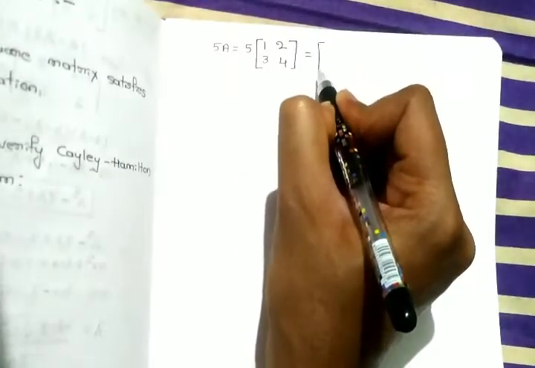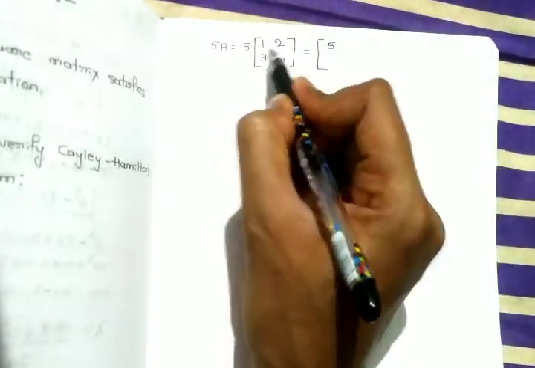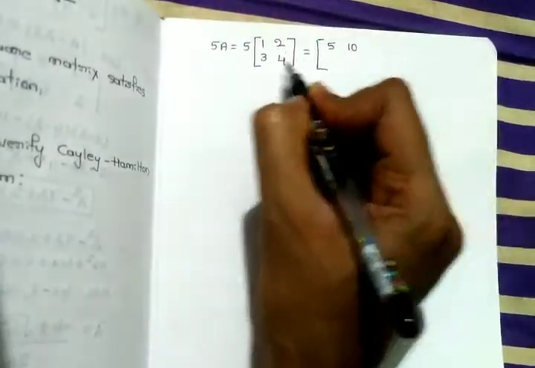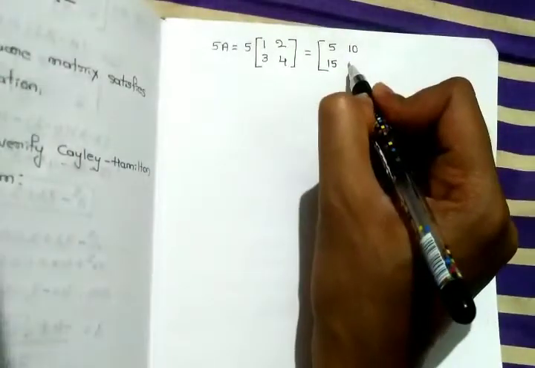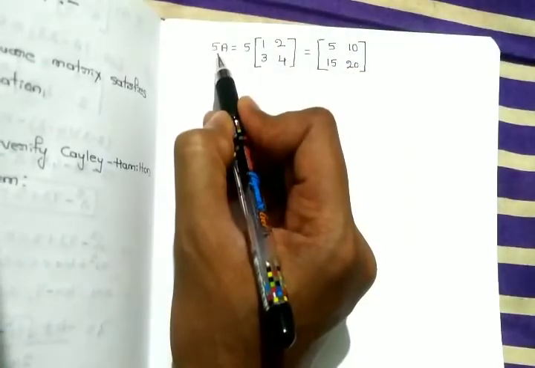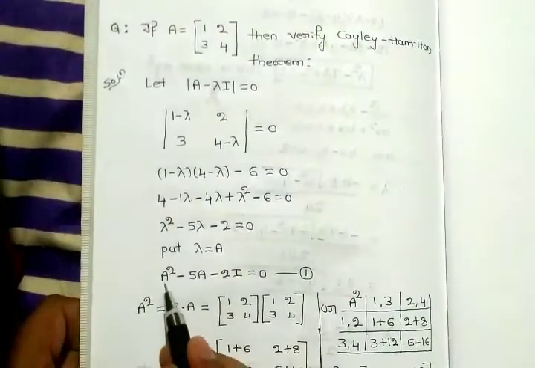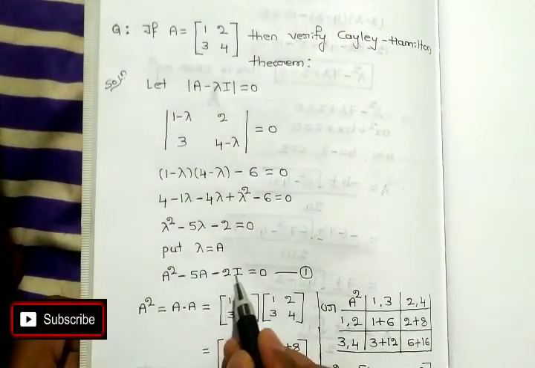Multiply: 5 into 1 is 5, 5 into 2 is 10, 5 into 3 is 15, 5 into 4 is 20. This is the value of 5A.